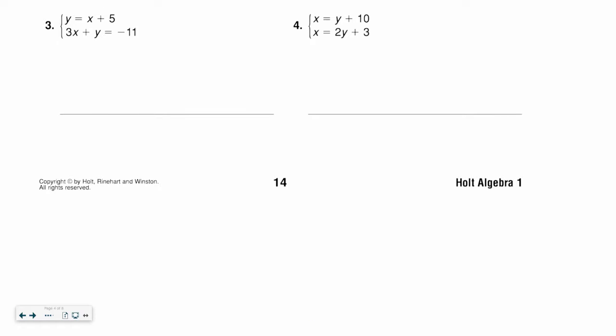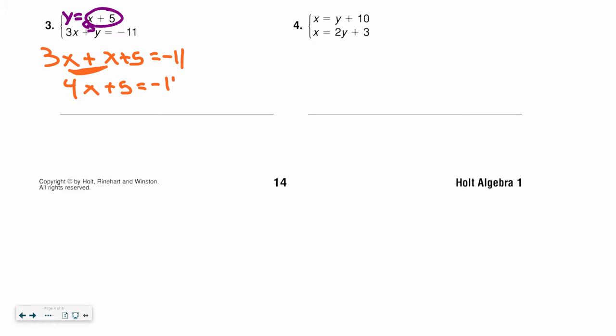So these are a little bit easier because it's already solved, so you already have y equals. So I'm going to just take this and I'm going to plug it in for y. So it becomes 3x plus x plus 5 equals -11. Combine these. 4x plus 5 equals -11.